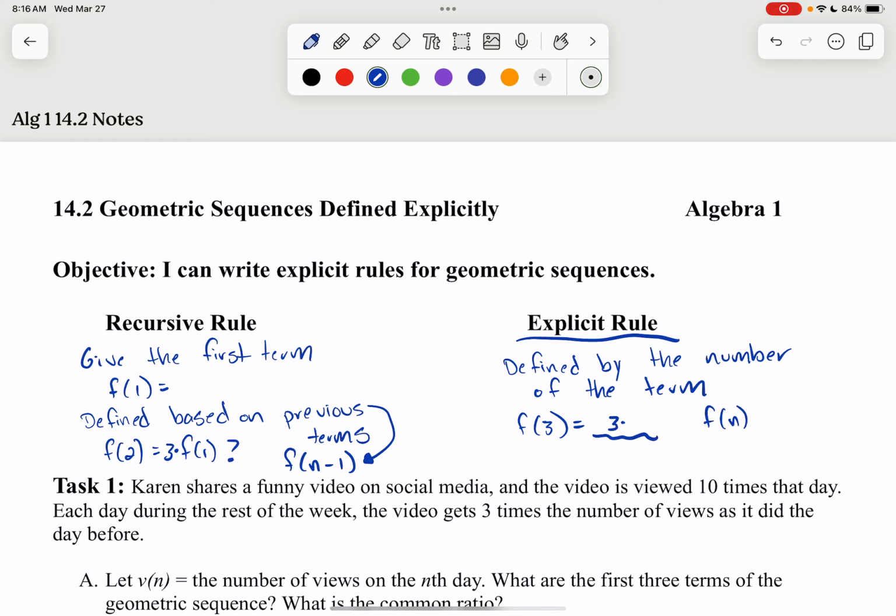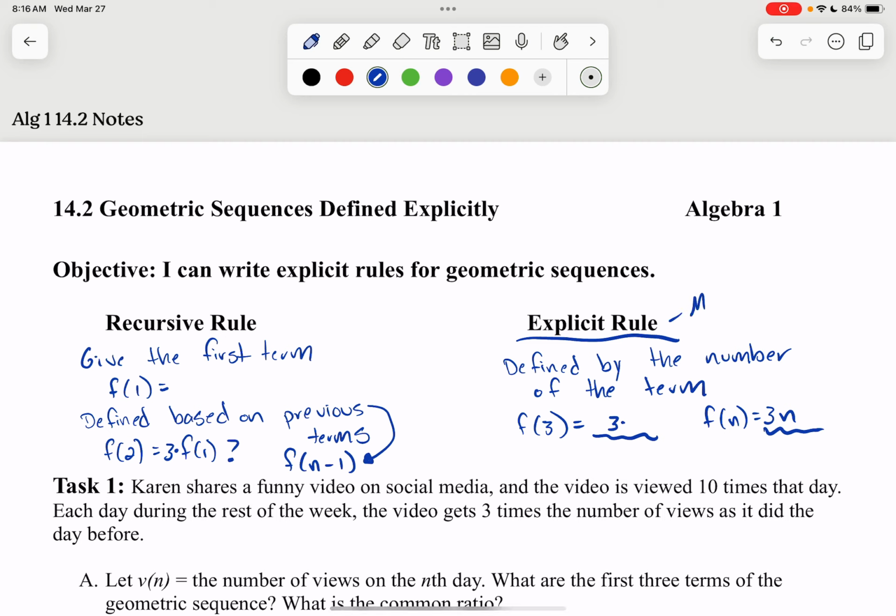F of n is going to equal something with just an n in it. So let's say I take 3 times whatever term it is, or 5 times whatever term it is. It's defined by the number of the term. So meaning if I want to find the 10th term, I just input the number 10 and it'll tell me what the 10th term is.